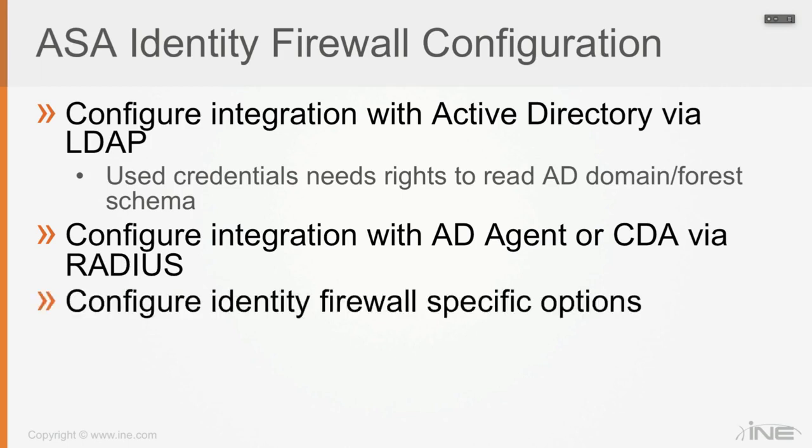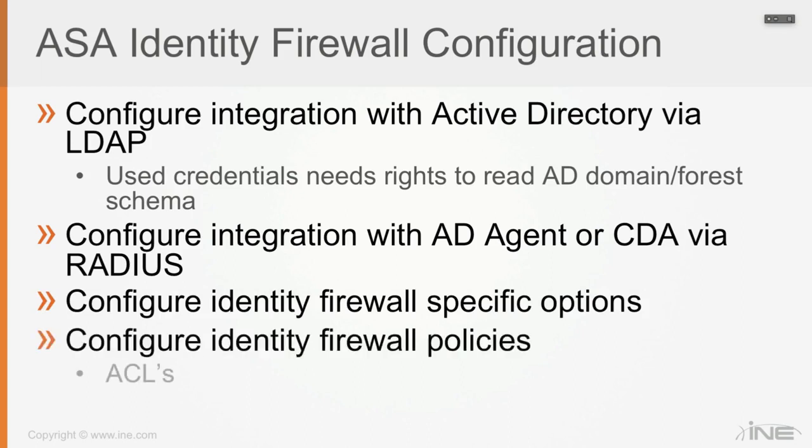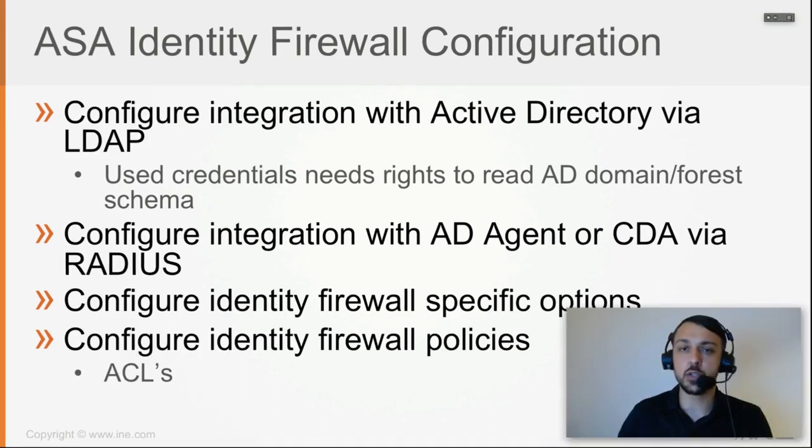We have to configure identity-specific options, and then we have to configure identity policies, which means ACLs based on users or groups instead of IPs as the source address. So again, I have to make sure everybody understood this clearly: you're going to replace in an ACL the source IP address with a username or a group. The destination IP address remains a destination IP. You cannot replace the destination with a group or a user.